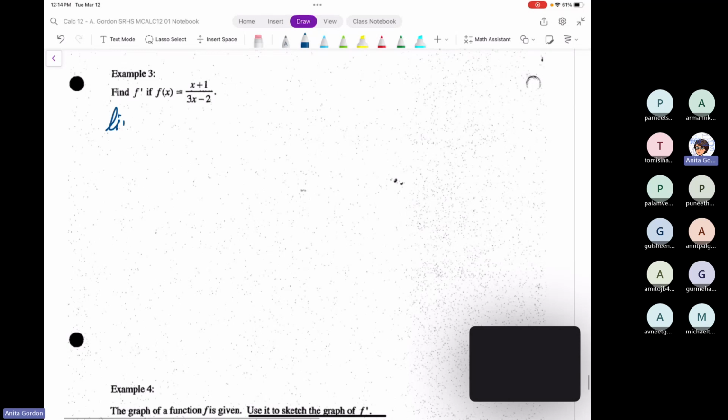All right, so the limit as x approaches a, I'm going to do it this way. It doesn't really matter which way you want to do it, but let's see here. X plus 1 over 3x minus 2 minus a plus 1 over 3a minus 2, all over x minus a.